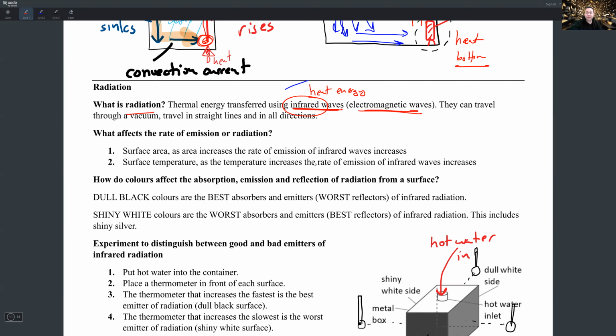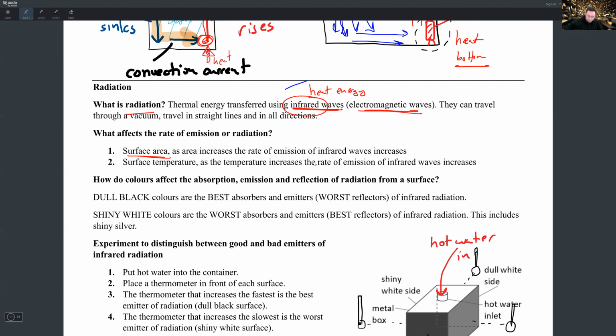ايه اللي بيأثر بقى على الwave دي؟ Two things. Surface area. كل ما الobject الsurface area بتاعته بتزيد بتطلع radiation أكتر. And this is important. Radiation is not emitted from inside the object. Radiation, infrared waves, is emitted from the surface of the object. Your body temperature could be very low on the inside, but your surface is hot, so you emit radiation.